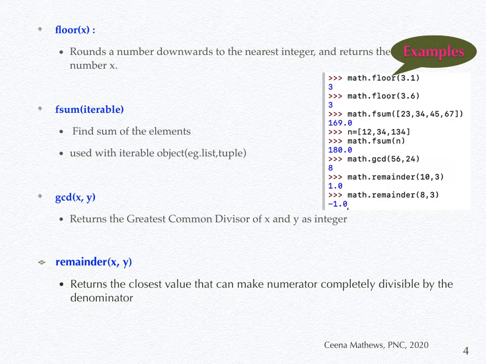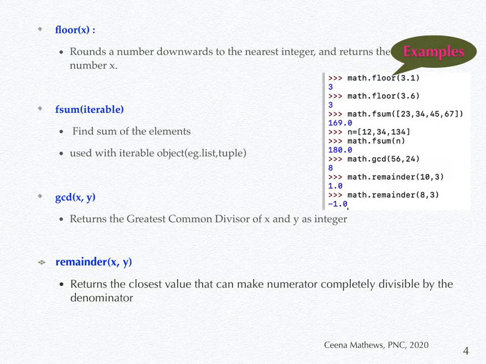Next is fsum. Fsum works on iterables, which here means lists and tuples. It finds the sum of the elements in the list or tuple. Examples of iterable objects are lists, tuples, etc. In this example, math.fsum, the list is given in square brackets: 23, 34, 45 and 67, and it sums up the elements and displays the result as 169.